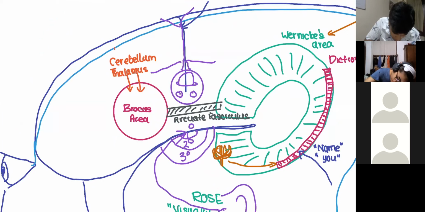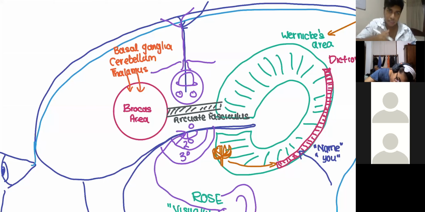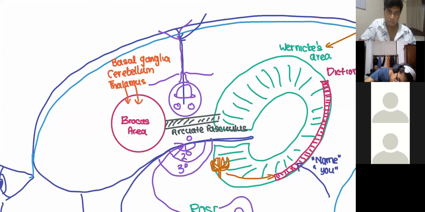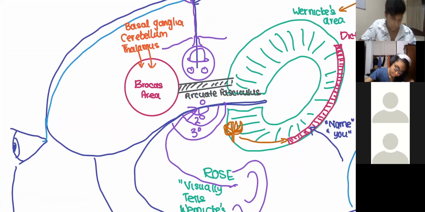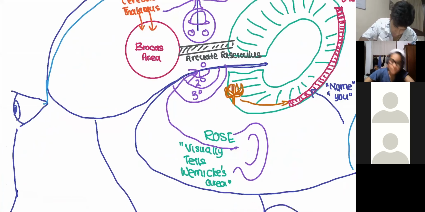I told you guys this in the last lecture about the cerebellum. The Broca's area will get information from these areas, and it will send signals.